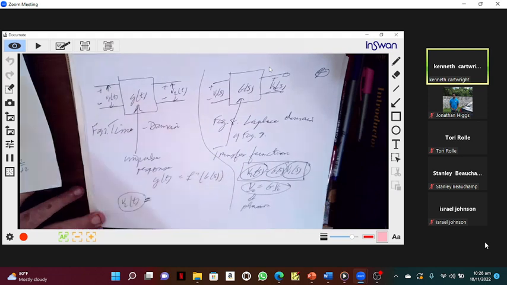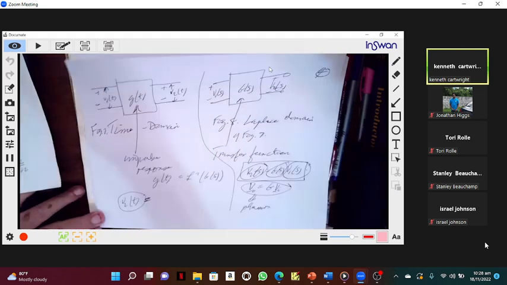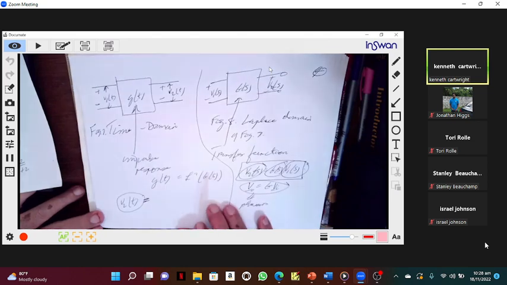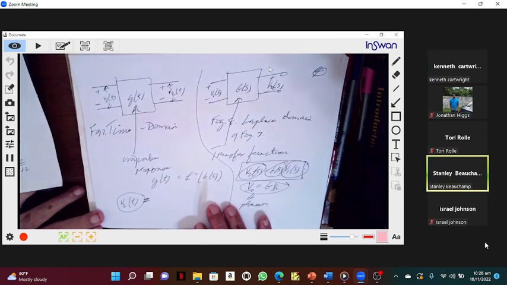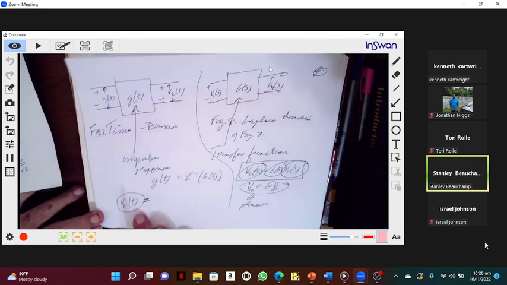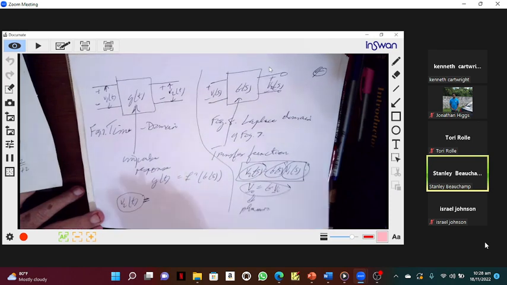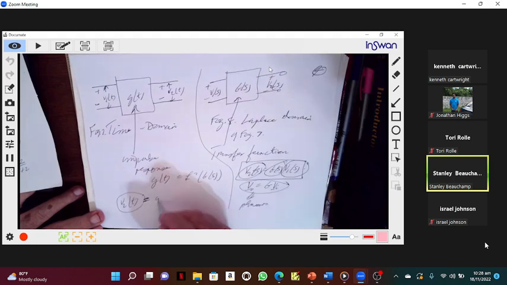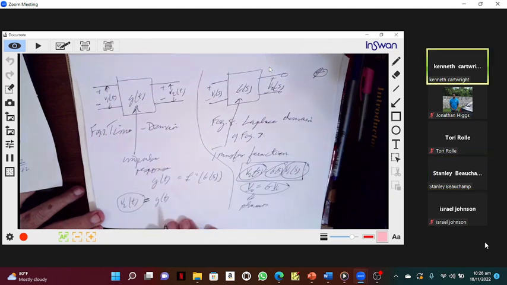How is the output in the time domain related to the input in the time domain? The V2 of t, the output, is equal to the impulse response. Really? That's it?